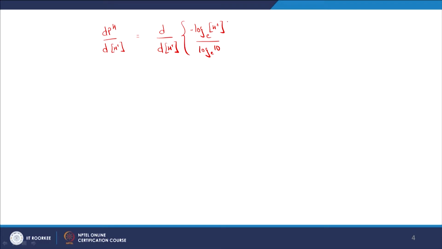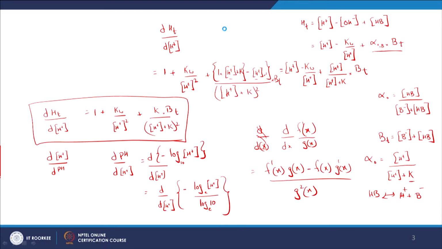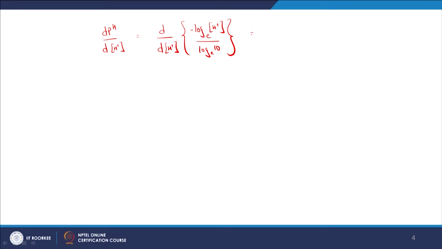So this is what we ended up with, right? Let me just double check that, right? So now that's going to be equal to the derivative with respect to h plus of minus natural logarithm of h plus by 2.303, right? And so that's going to be equal to minus 1 by 2.303 into 1 by h plus, right?